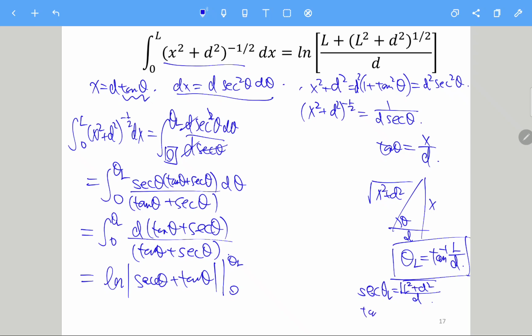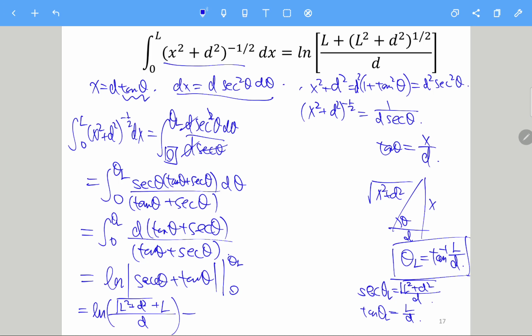And then tangent theta L should be L over D. So this would be log of square root of L squared plus D squared plus L, all over D. So this is the antiderivative evaluated at theta L, and then minus it evaluated at 0.